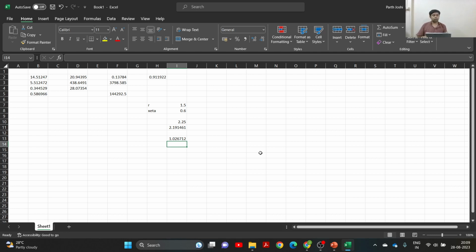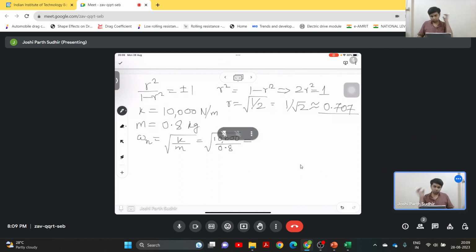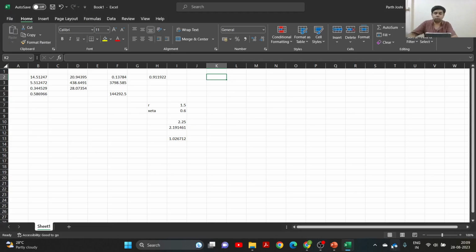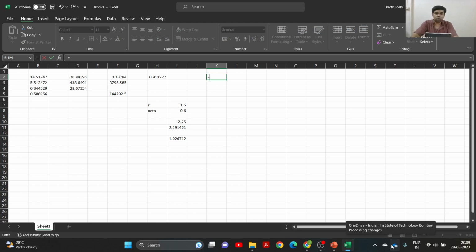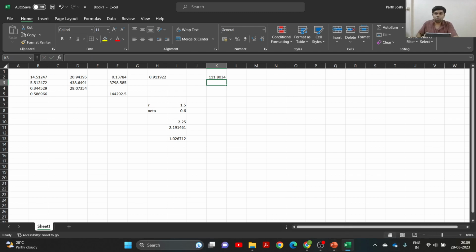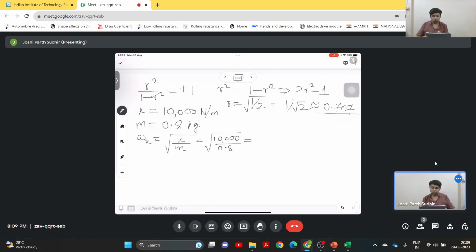So we can find out the natural frequency omega n, which is root of k by m, which is square root of 10,000 by 0.8, which is something around 111.8 radians per second.